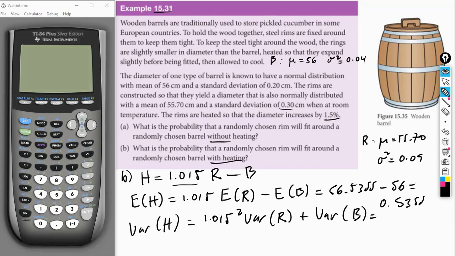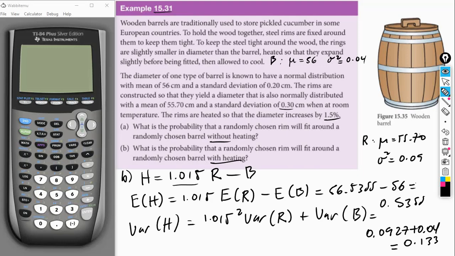And from here, we are going to get 0.0927 plus 0.04, and this is equal to, rounding, 0.133.